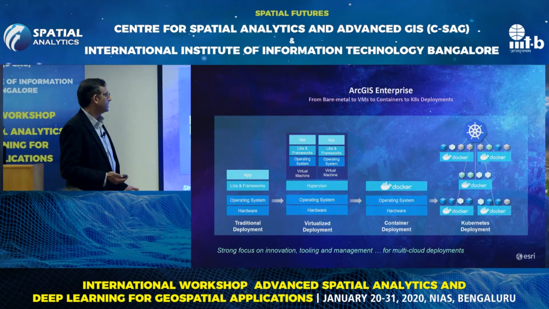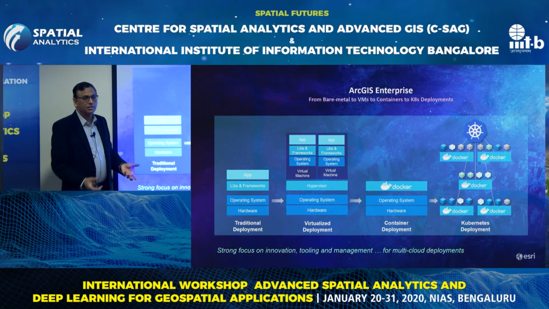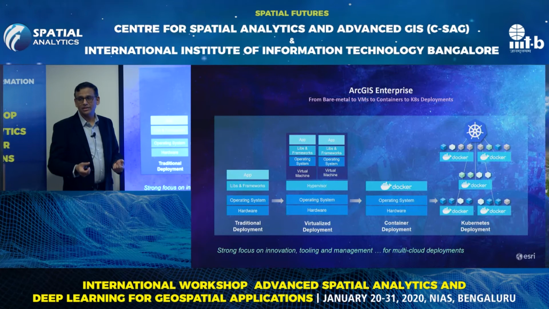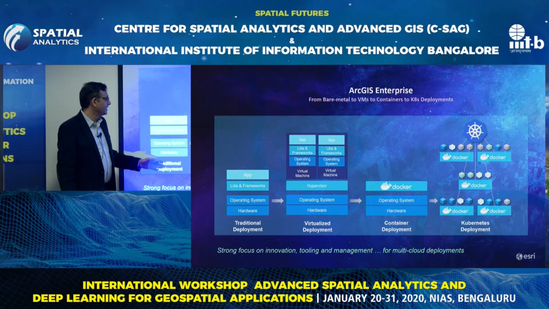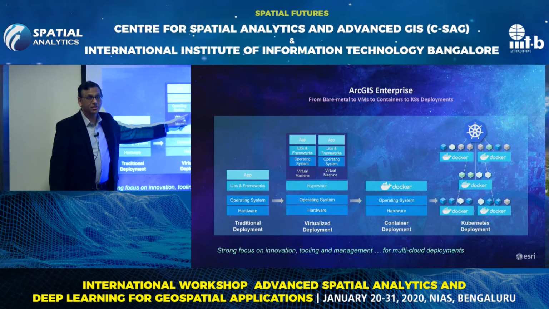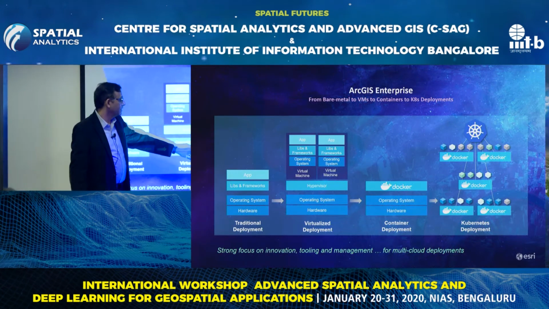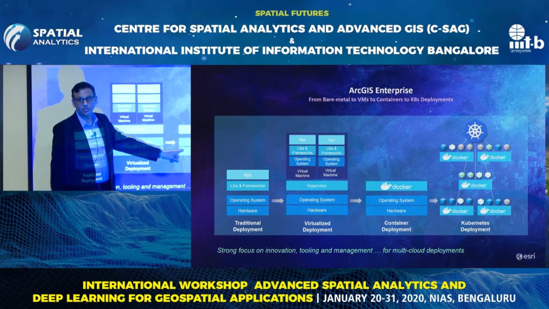This is like an architecture diagram. You have the traditional deployment, bare bones hardware. We call it running on the metal, which is running on the machine. We talked about virtualized, where, as you can see, the operating system is duplicated in every VM that you run. As you see here, there's only one operating system.